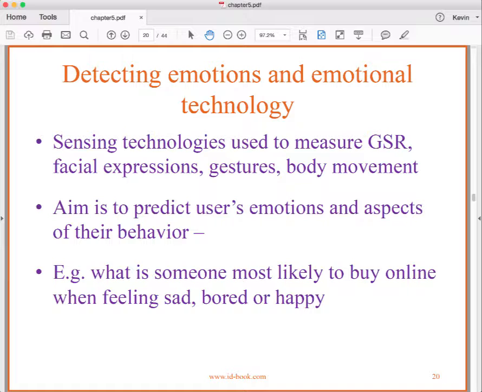The example referred to in the text, most of the examples had to do with recognizing facial things, and of course, one could do that with a camera that was part of your laptop. So you would be able to measure facial expressions, gestures, body movement, those kinds of things. The aim is to predict the user's emotions and aspects of their behavior.